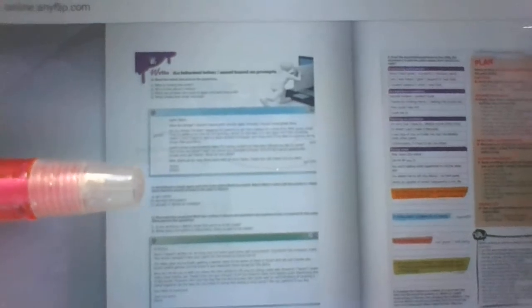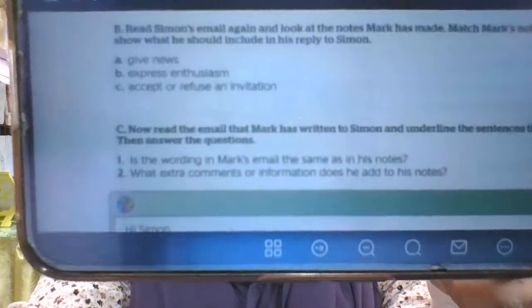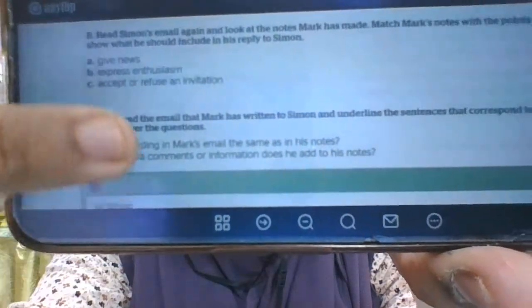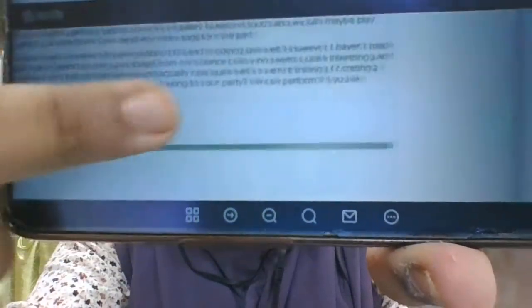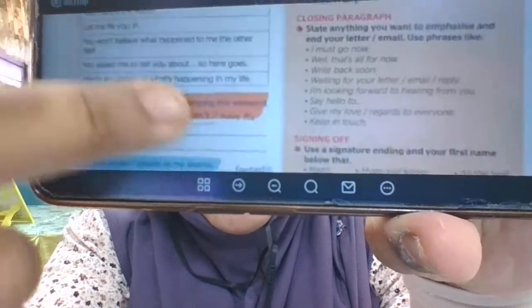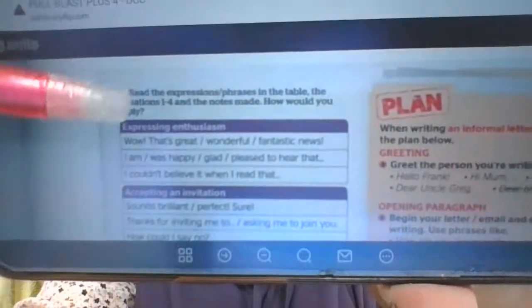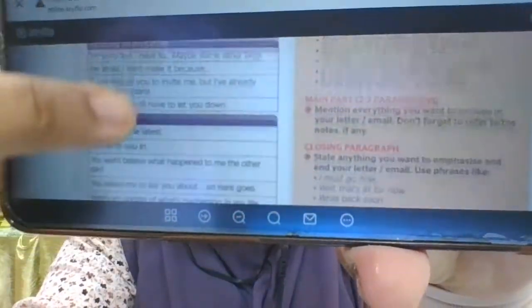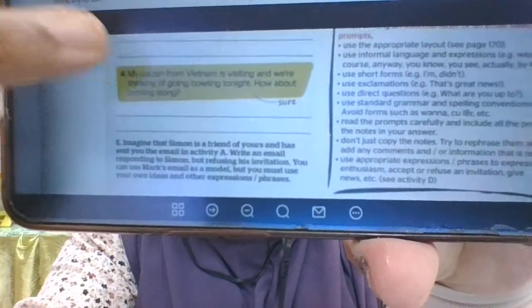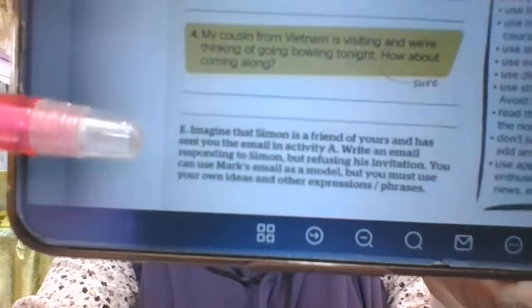This is activity A. You can look at activity B, C. The next page is activity D. This is activity D. And then E.